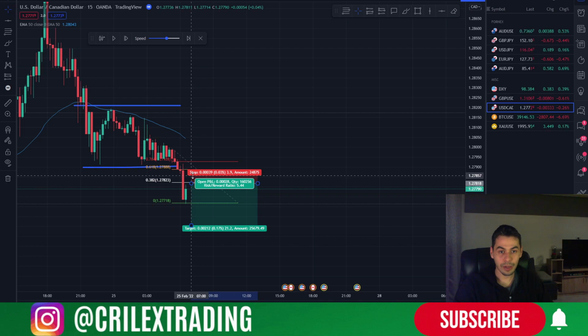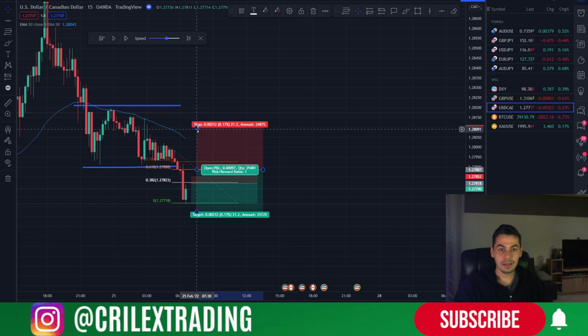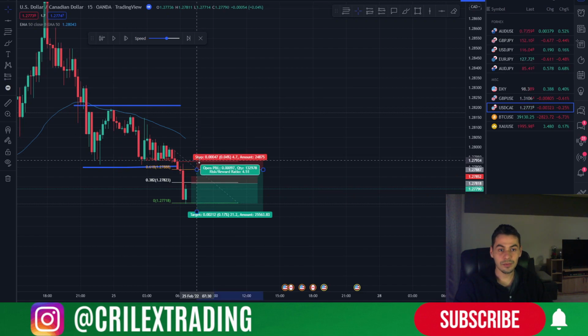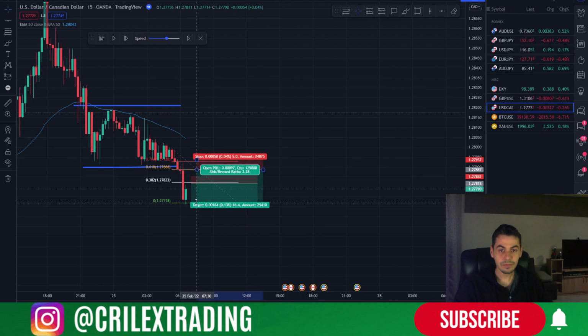Stop loss halfway in between the 382 and the 50 level, targeting 2 or 3 to 1 right here. And another pending order on the 618, which is the same as the level that got broken, or roughly the same. Stop loss above the 764 level, again targeting the bottom of the fib.